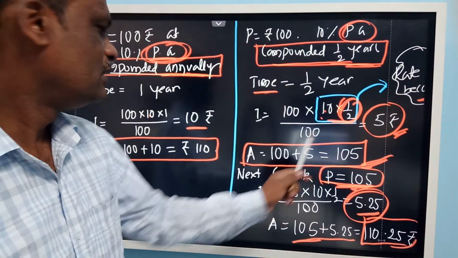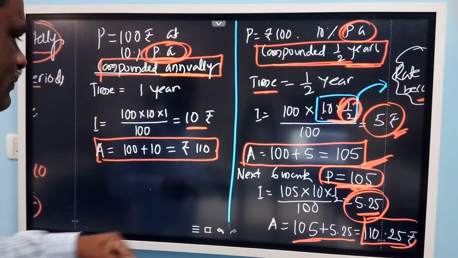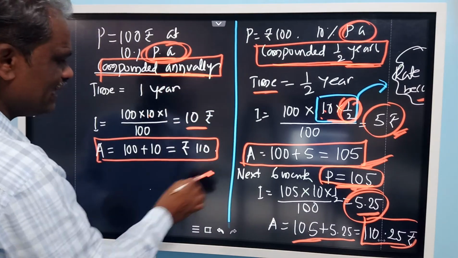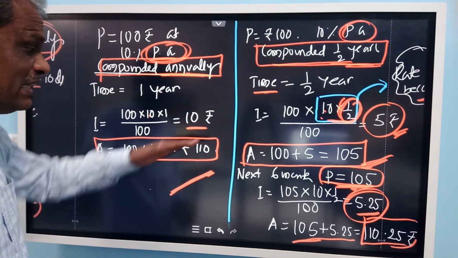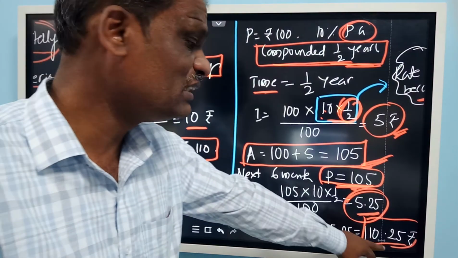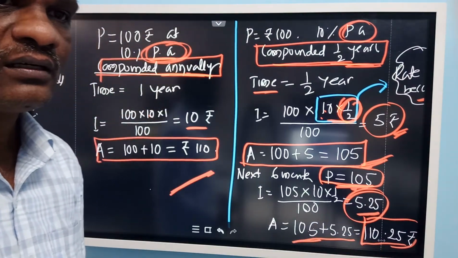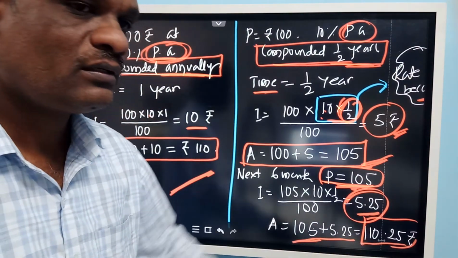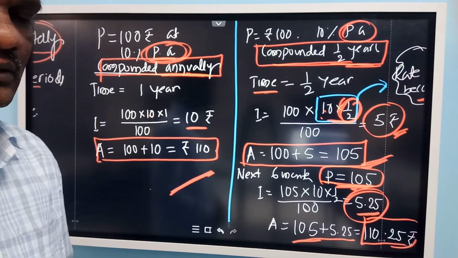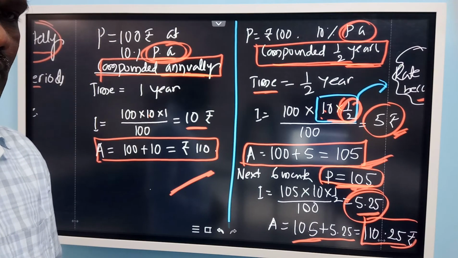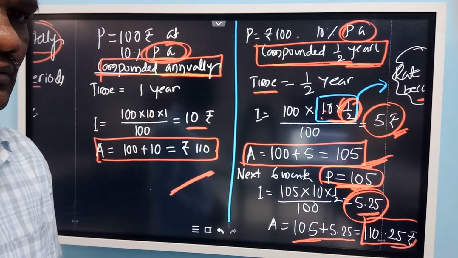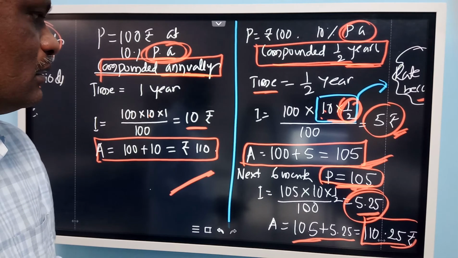See what difference you are getting. When it is annual calculation, 110 rupees at the end of the year. But at the end of the year, how much are you getting here? Sir, 110.25. Why is there a difference? Sir, because the amount is compounded half yearly.